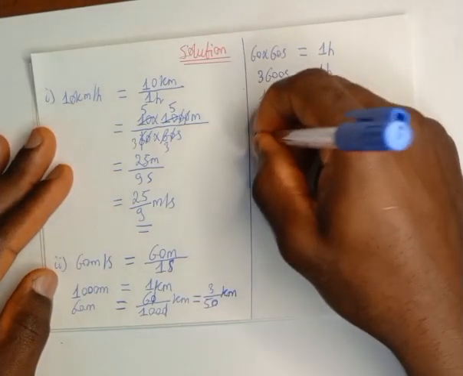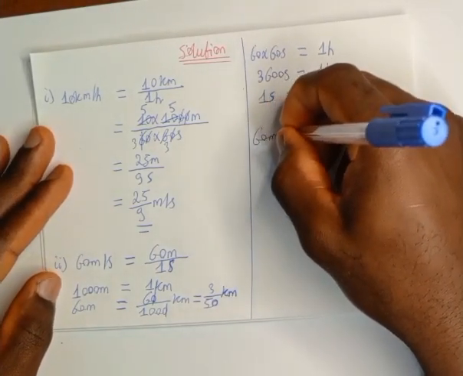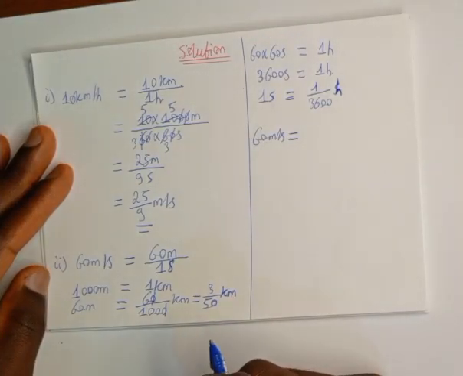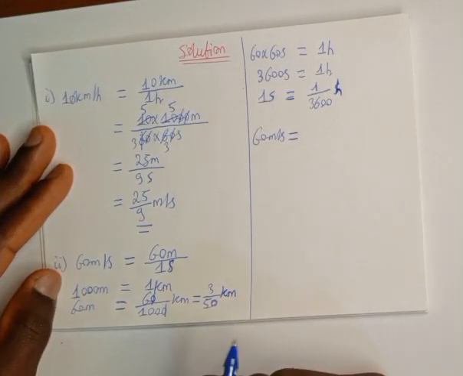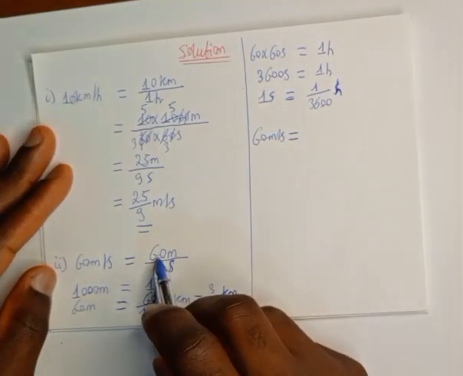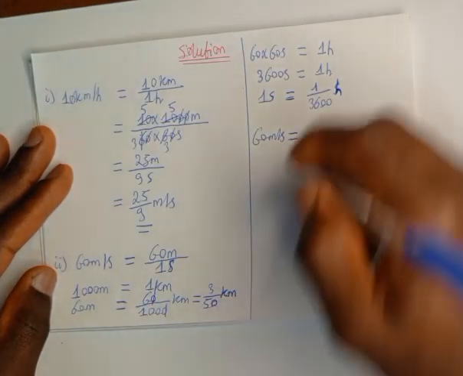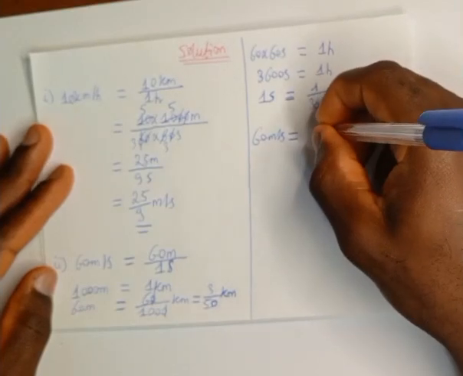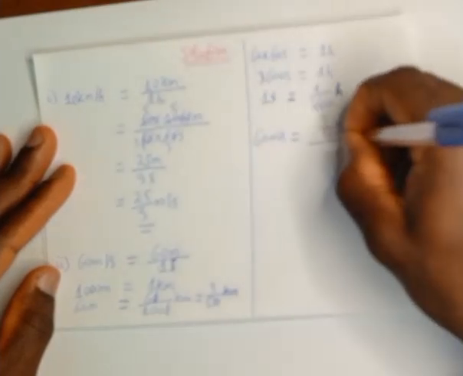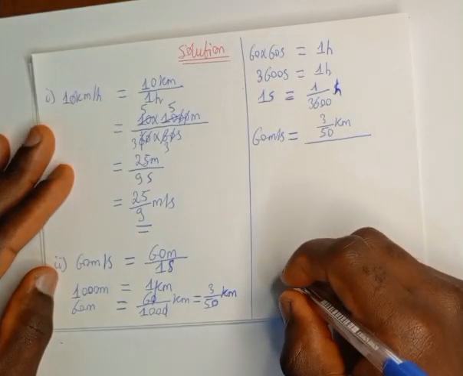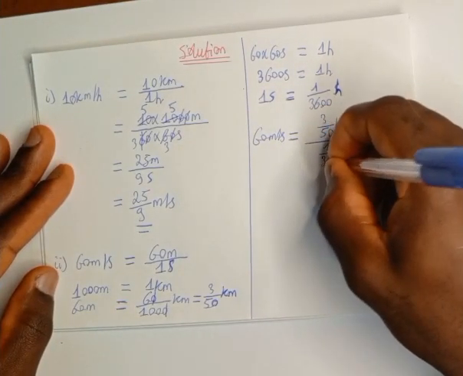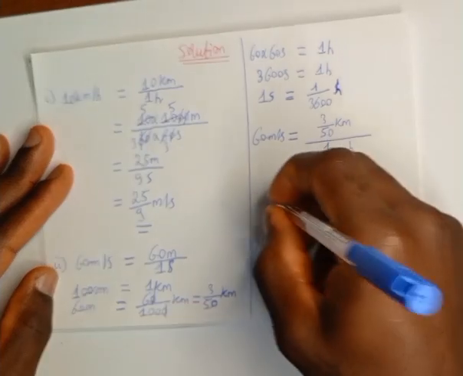Now, if we take 60 meters per second, for us to convert this to kilometers per hour, we know 60 meters in kilometers gives us 3 on 50 kilometers, all over 1 second in hours, which gives us 1 over 3600 hours.